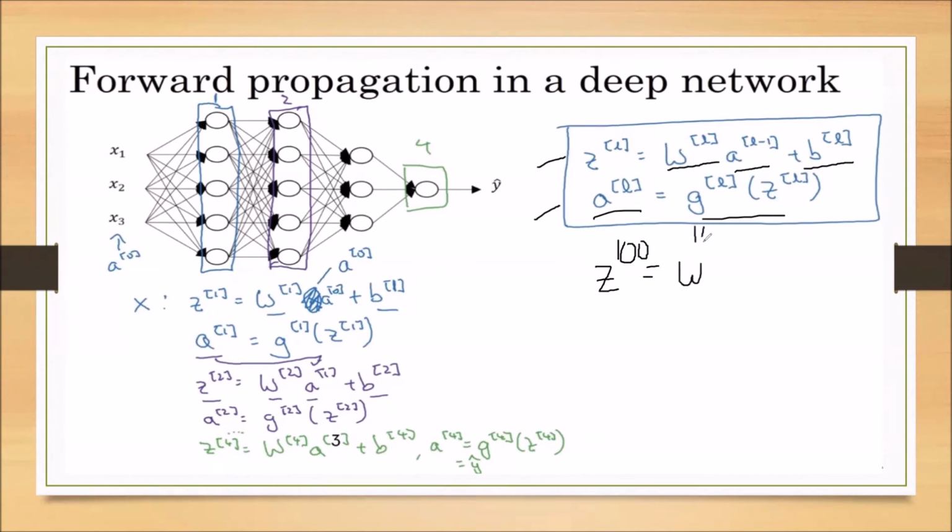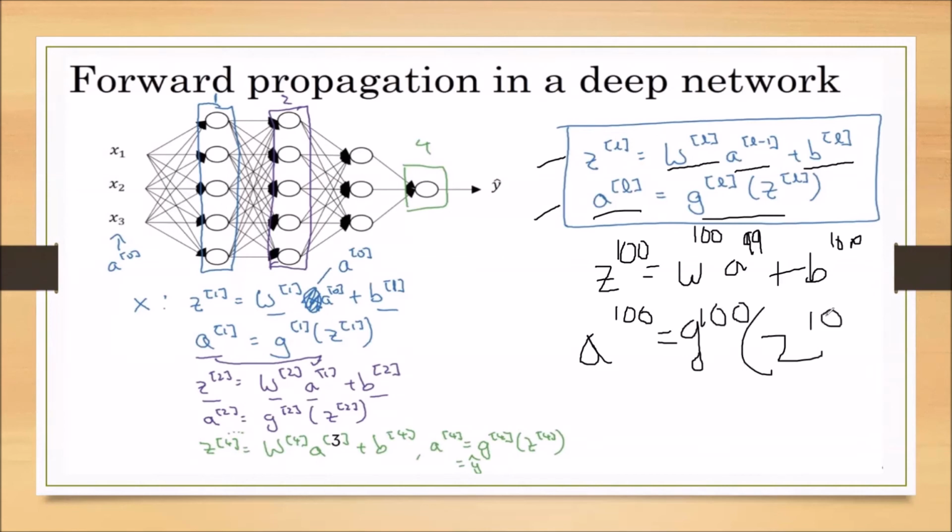I want the parameter matrix of the 100th layer, and we take the input from the activation units of the 99th layer, plus B100. When we write the activation unit of the 100th layer, we write it as G of 100 of Z of 100.